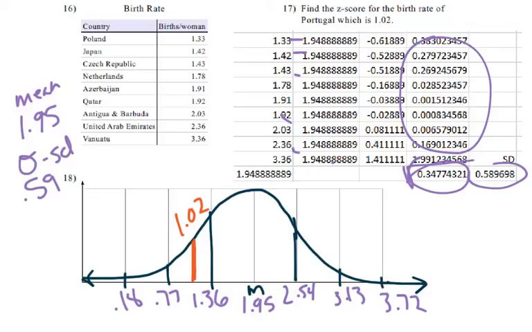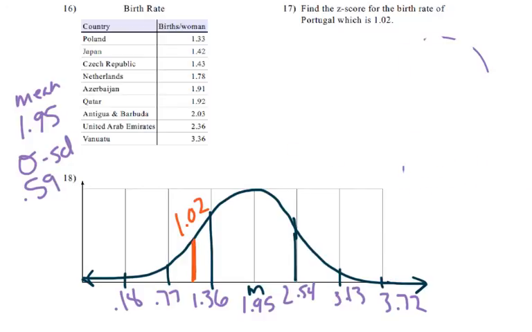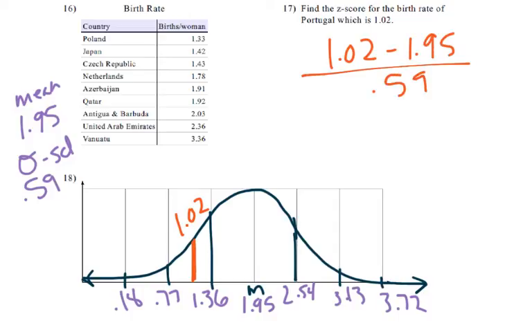Okay. So then we are going to find its z-score. So we go 1.02 minus 1.95 over 0.59.